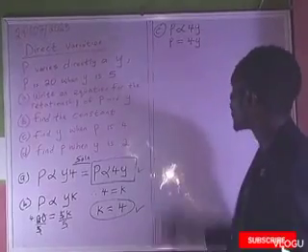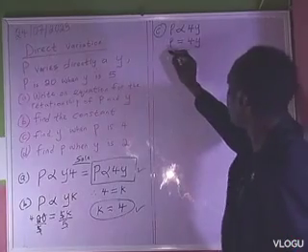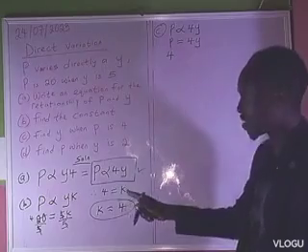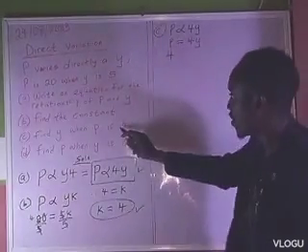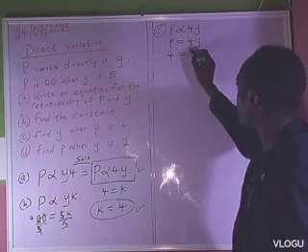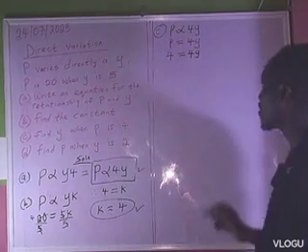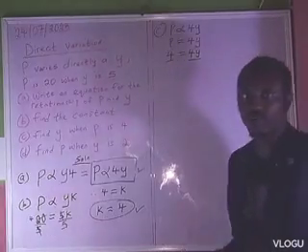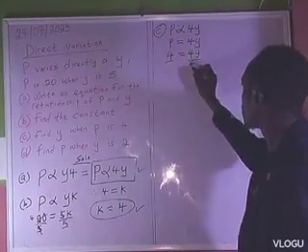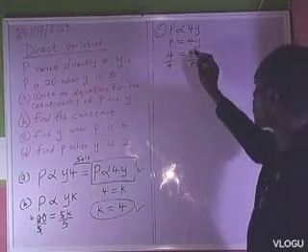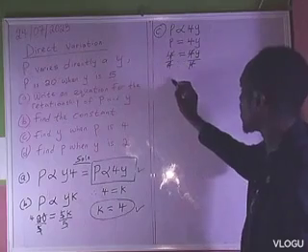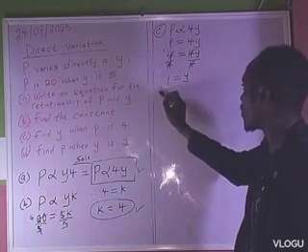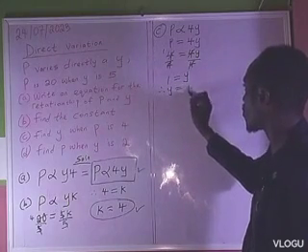So anywhere I see P, I'm going to put 4, but the 4 here is not the 4 of this constant. P is 4 in this question. 4 equals to 4Y. And don't forget, I will divide both sides by the coefficient of Y, that is 4, and by so doing, I'll be having 1. So 1 is equals to Y. So therefore, Y is equals to 1.